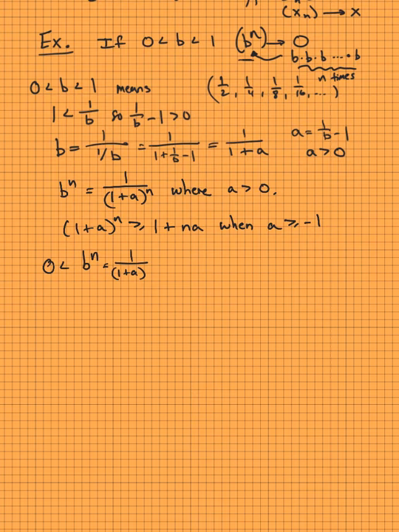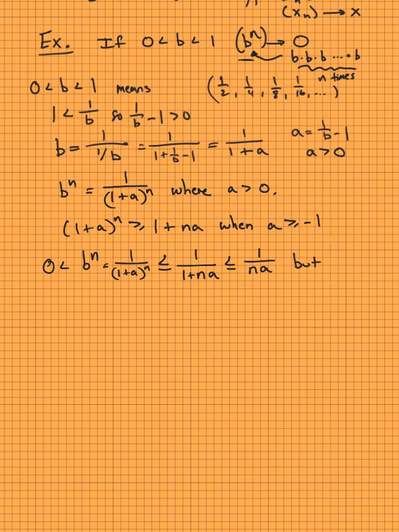This is now less than or equal to 1 over 1 plus na, because we've made the denominator smaller. Then this is less than or equal to 1 over na, again.